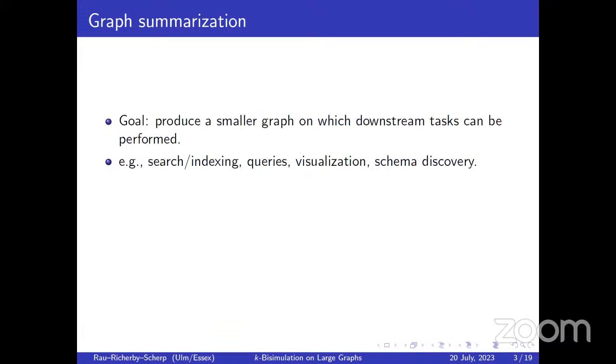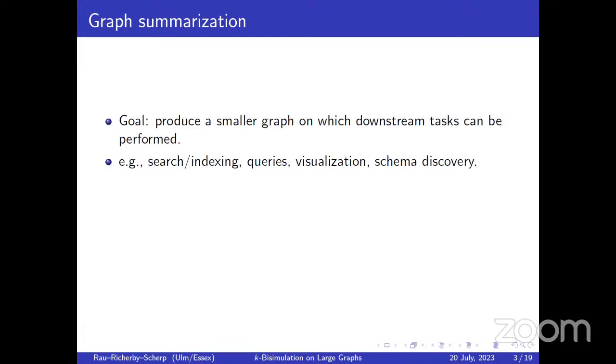Okay, so what is graph summarization? We've got this enormous graph database. We want to run queries on this database. Running queries on a large data structure is going to take a lot of time. So we're interested in producing a smaller graph, which contains all of the information that we need to answer the queries that we're interested in.